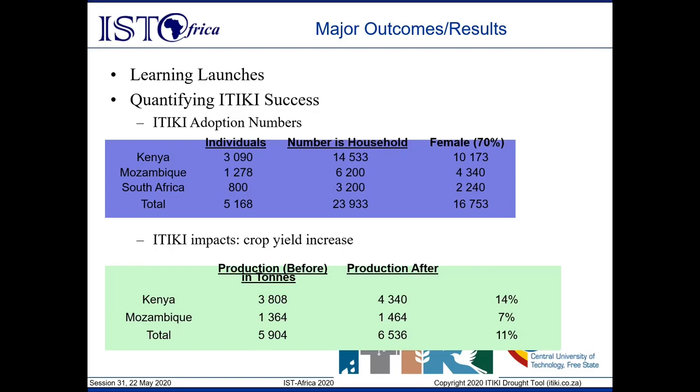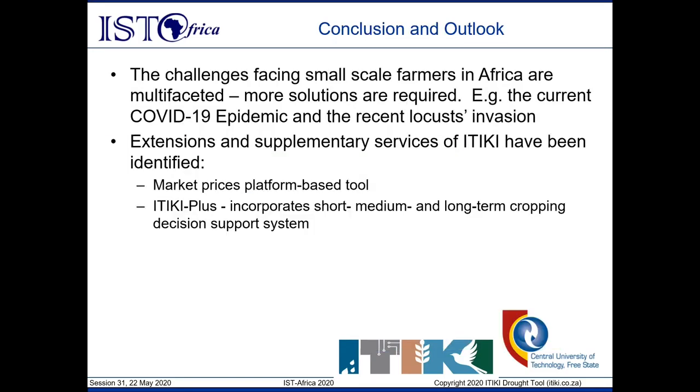In South Africa, we haven't calculated the percentage, but overall, the entire project, we have 11% increase in yield. This is a great success, and we attribute this, like the paper says, to the use of design thinking for innovation, because you listen to the people's feelings. You design something that they relate with. You meet them at the level of their needs, and hence the success of ITIKI project.